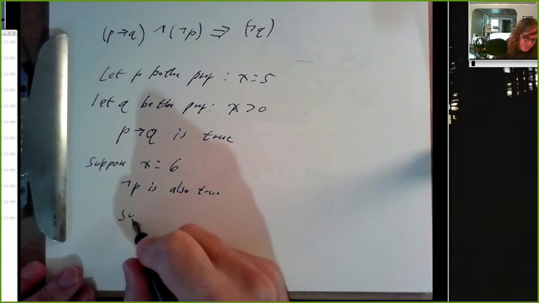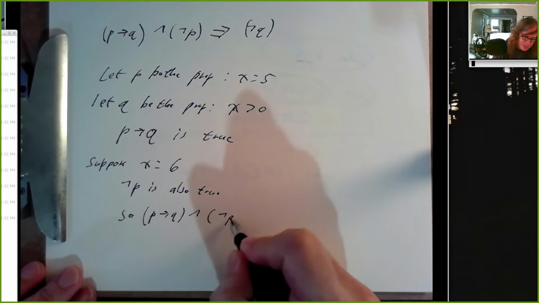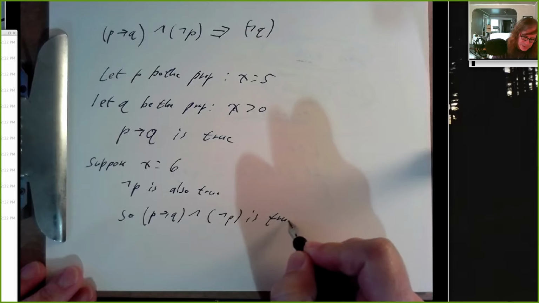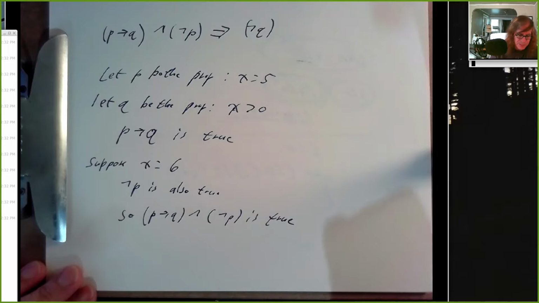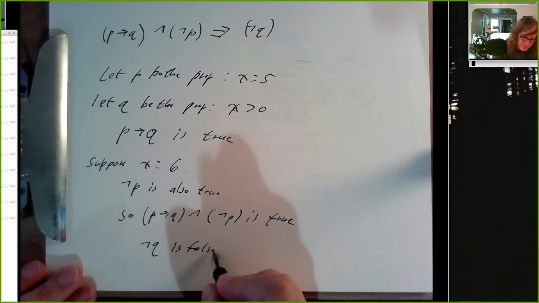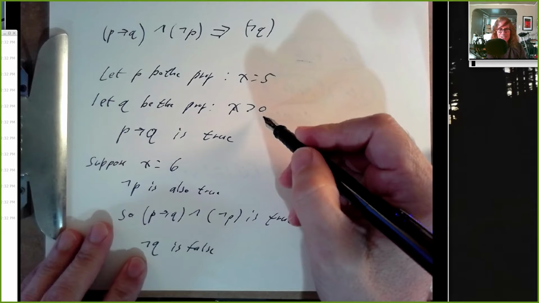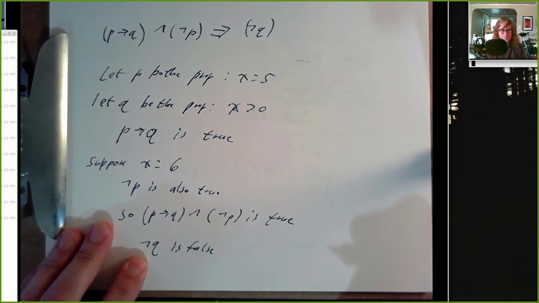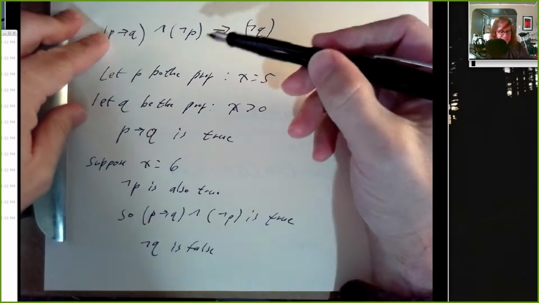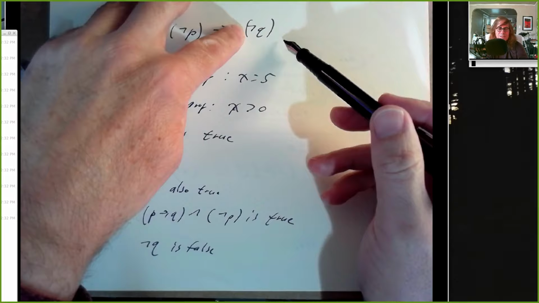So P implies Q and not P is true. However, not Q is false. Q says x is bigger than 0, not Q says x is less than or equal to 0, and that's false because x is 6. So this is suggesting that this left side, which is true, implies a right side, which is false.